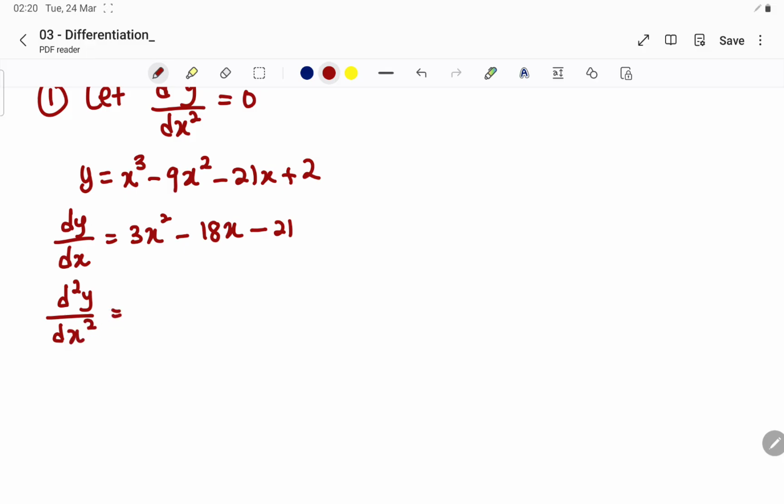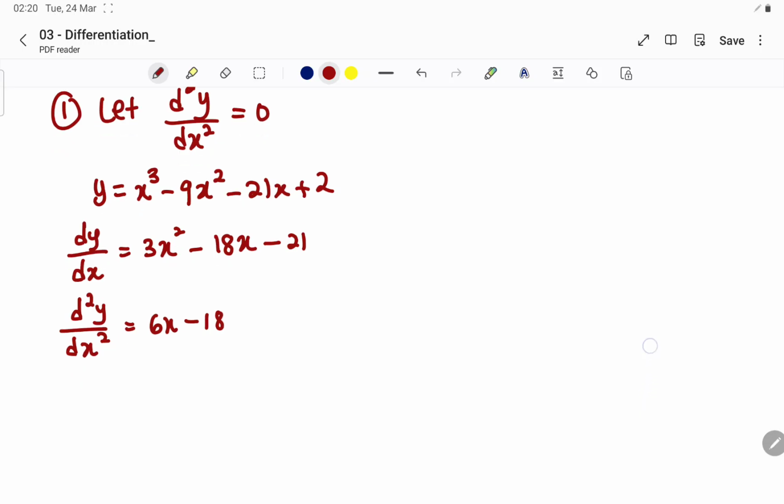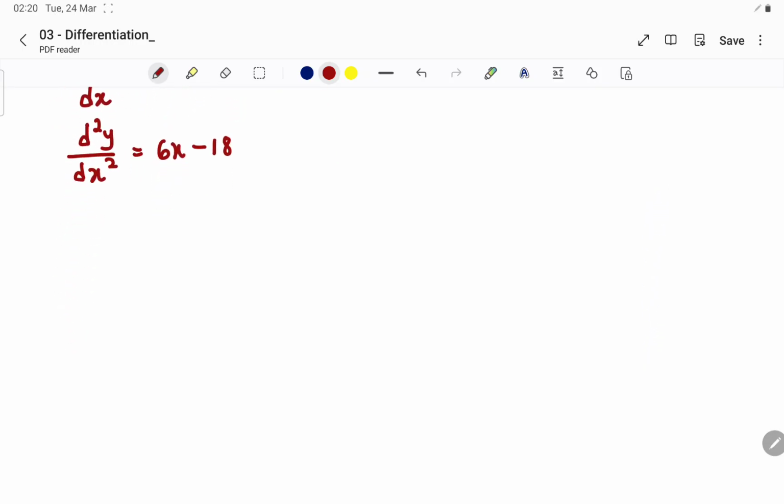3x squared, we bring 2 in front, you're going to get 6x to the power of 1. Negative 18x, we differentiate, become negative 18. Negative 21, differentiate, become 0. This is the first step. Second step, you let d square y over dx square equal to 0.